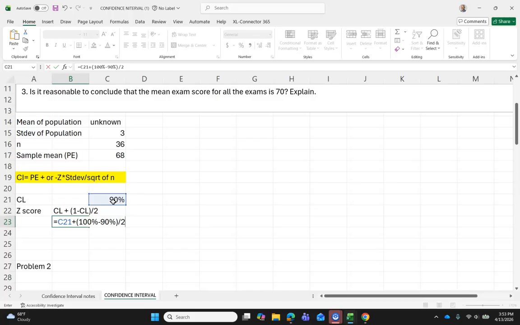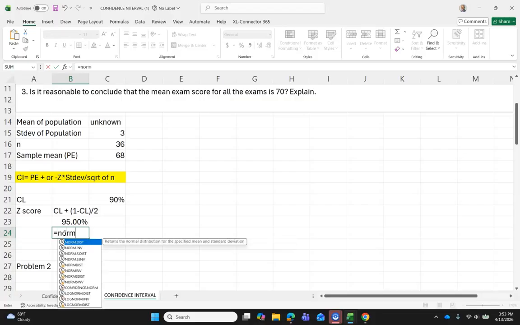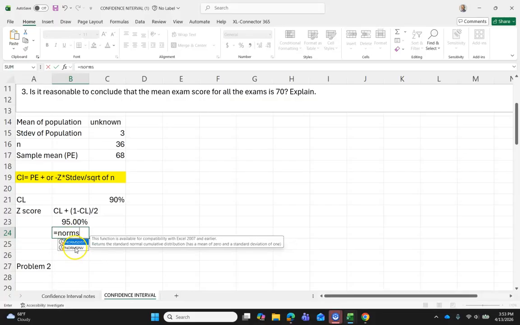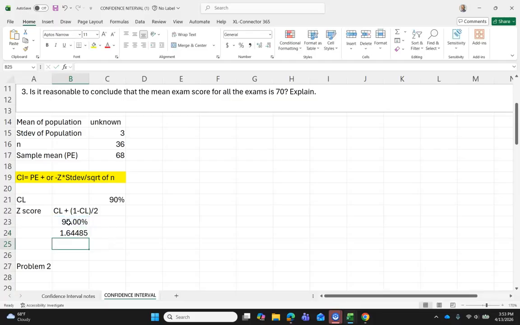If you enter, you'll see that we have 95%, and so we're going to find the z-score of this probability. So the z-score will be equal to NORM.S.INV, and we need to put that probability, close the bracket, and we have 1.64485. That is the z-score.